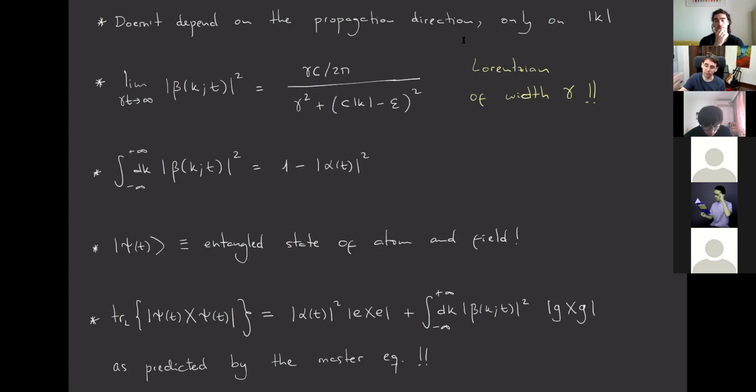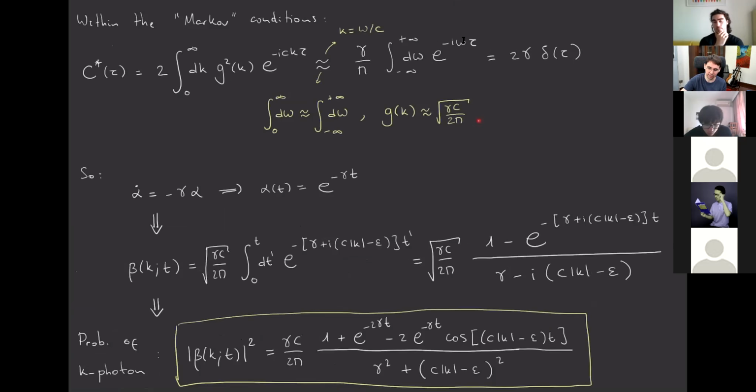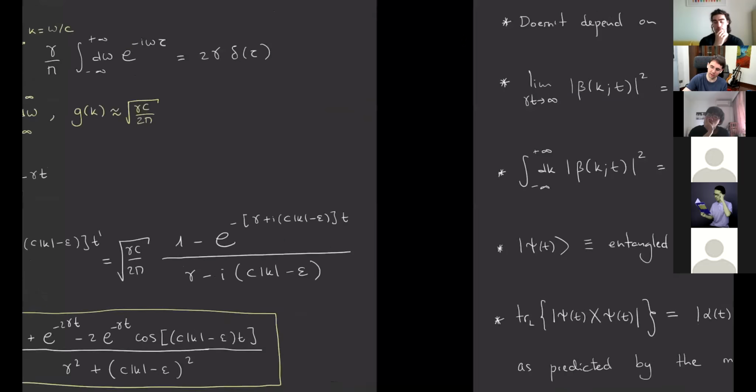So what I will start with in the next lecture is I will relax this approximation that we have made, that the coupling is independent of the frequency or the wave vector, and that we can extend the integrations to -infinity and so on, okay? And we will relax that, and we will see what happens. And we will see that this requires something that is called the Markov approximation, okay? But this we will see in the next lecture.